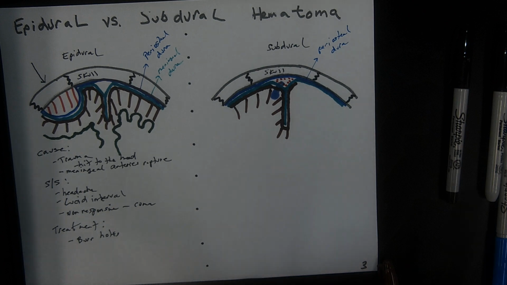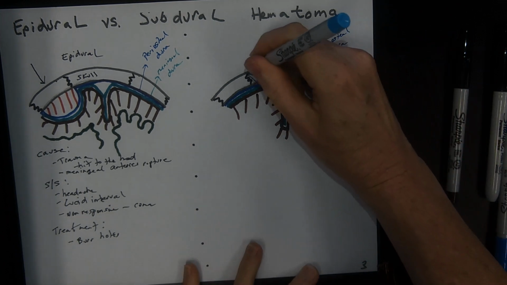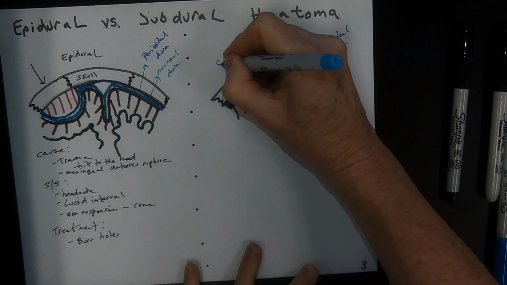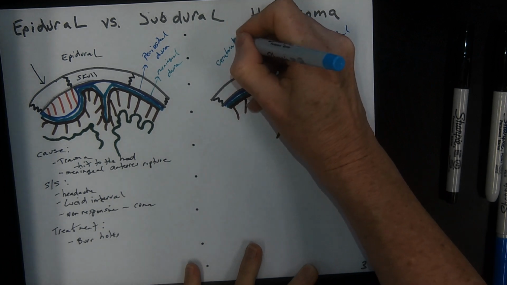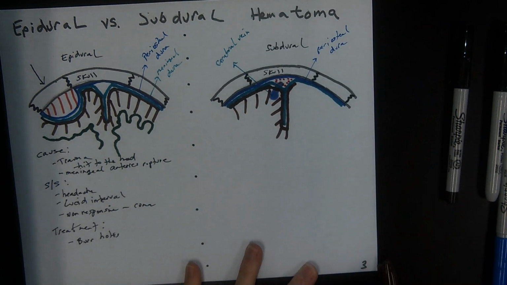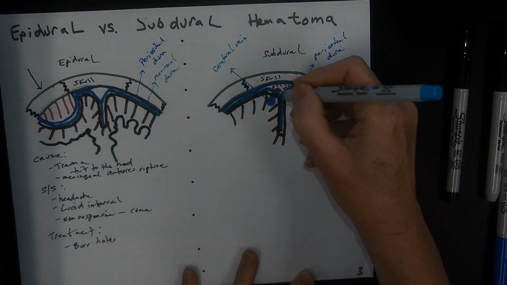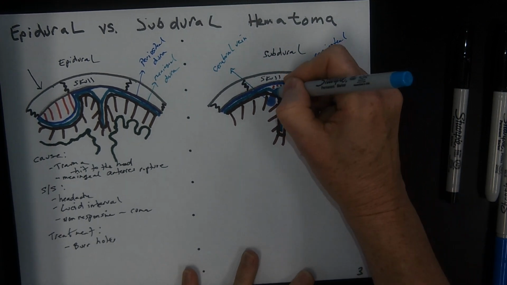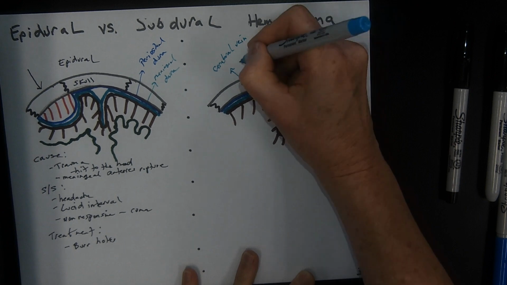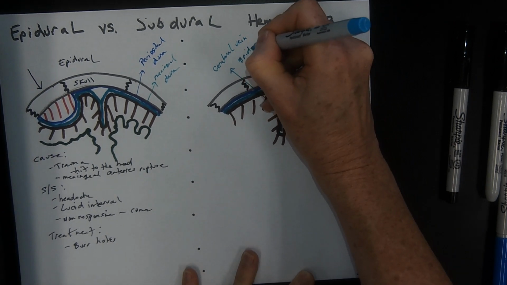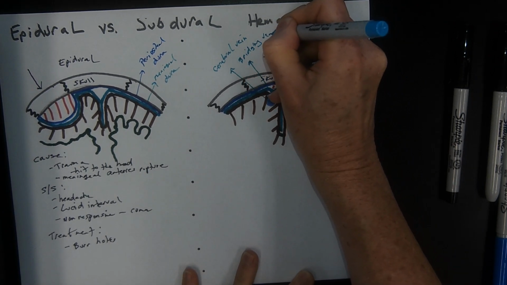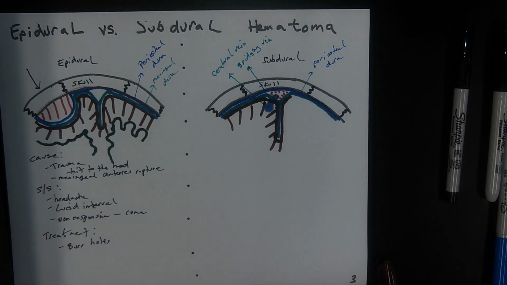So here we have a cerebral vein, and it's connected to the superior sagittal sinus by this bridging vein. Okay, nothing new there. Everything pretty much the same that we just saw.